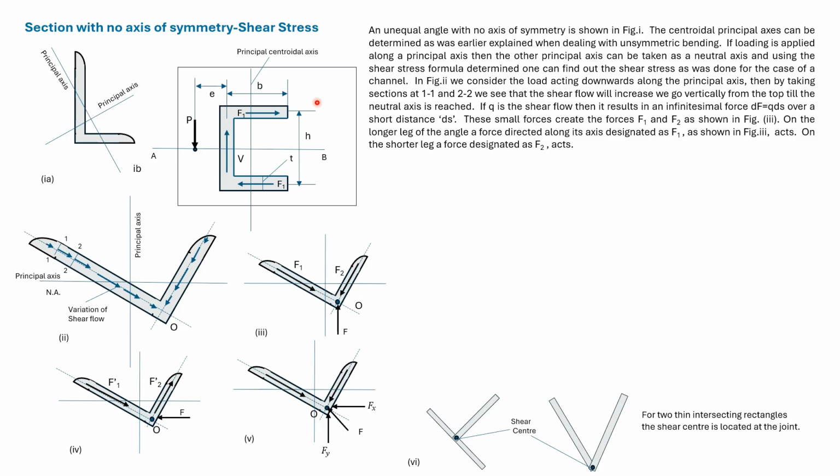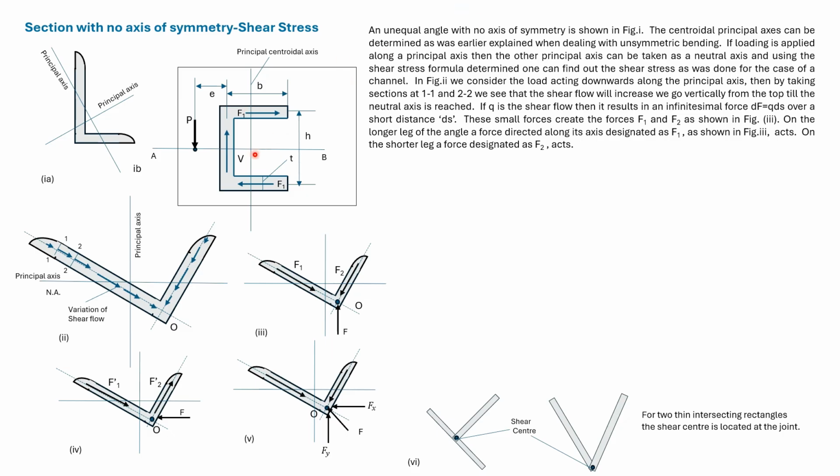With the channel section, we initially considered that the load was applied along this principal centroidal axis, though in this figure the load has been shown applied to the shear center. We then found out the shear stress and the shear flow in the channel section. After that, we found out the forces in the different portions.